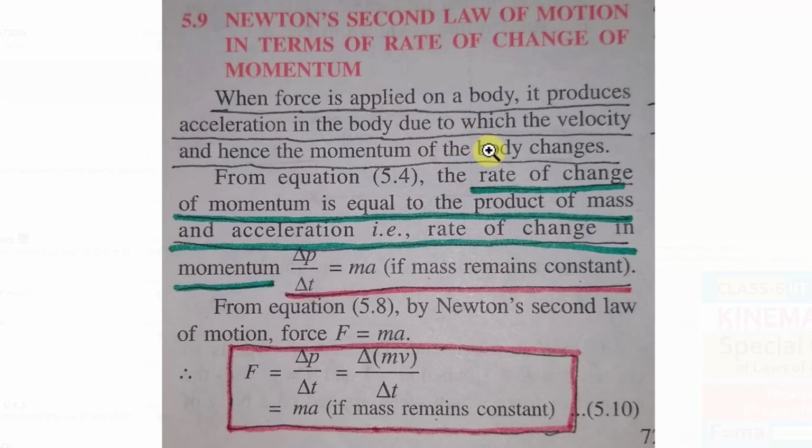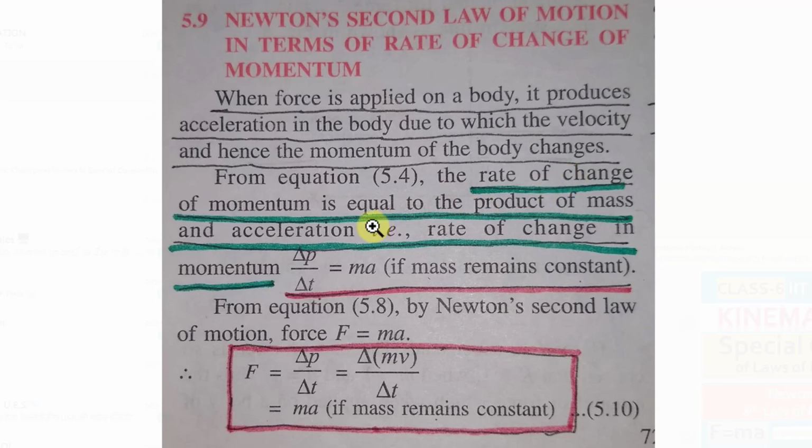Momentum is equal to what? Product of mass and velocity. Velocity changes, momentum changes. So whenever force is applied on the body, velocity changes, momentum changes, and the body produces acceleration.